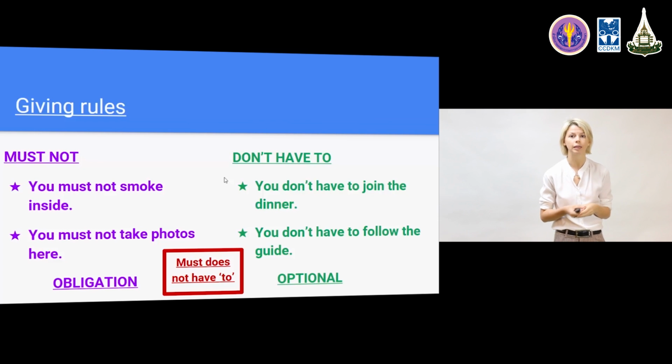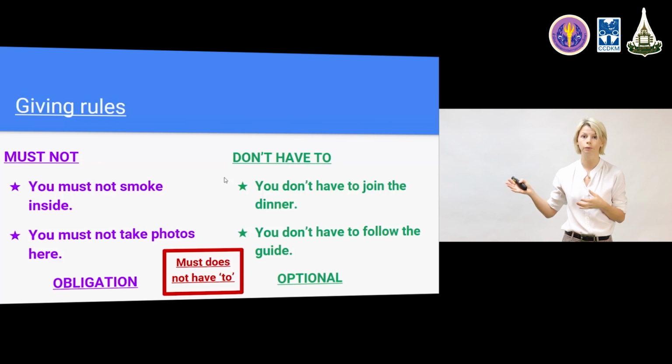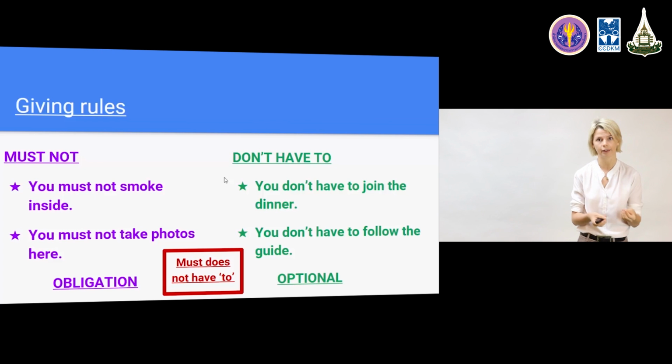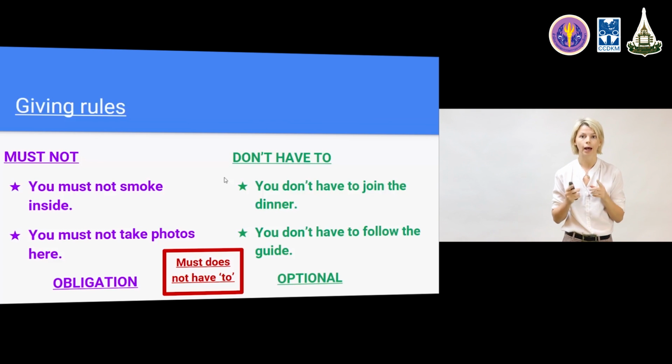This sentence means it's optional. The option is yours. It's up to you. You can join the dinner if you want, but it's not a rule. You cannot join the dinner. You can go somewhere else. You can go to a restaurant on your own. You can eat by yourself, or you can join the dinner. It's optional, up to you.